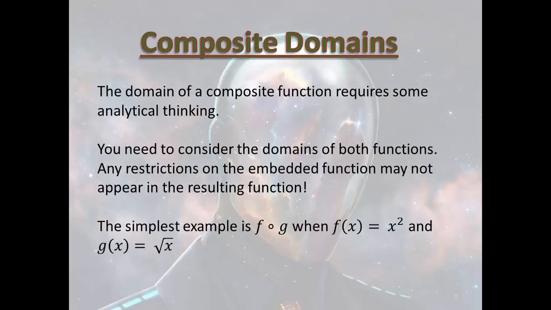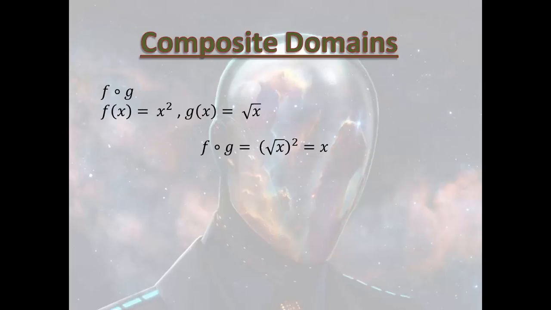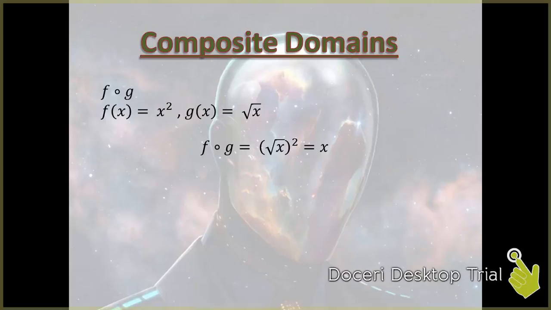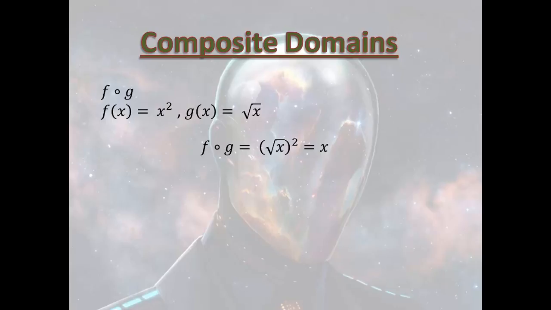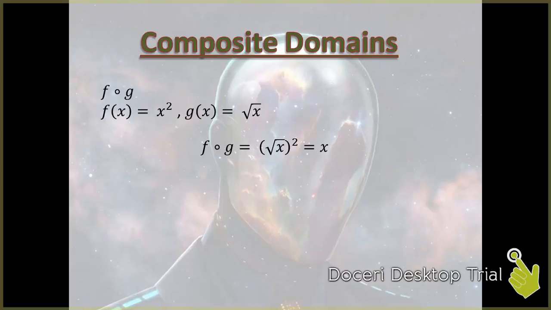A real simple example is taking f of g when f of x equals x squared and g of x equals the square root of x. Well, we know that when we take f of g, we end up with just x. If your composite equation is just x, you would think that the domain was all reals. But in fact it's not. And it's not because we have a restriction right there.